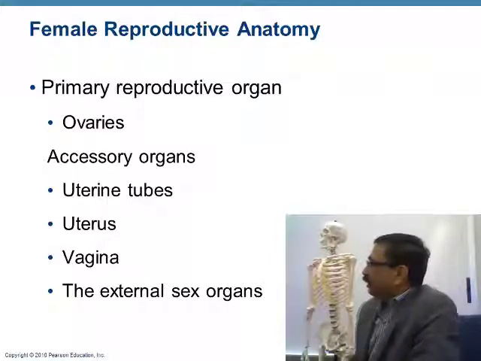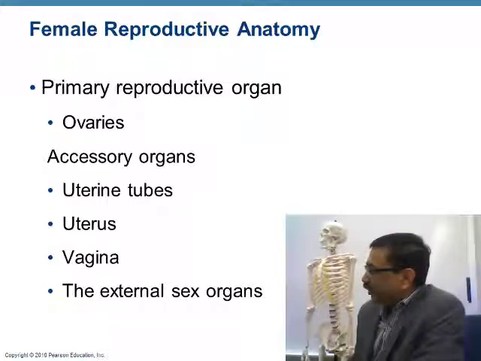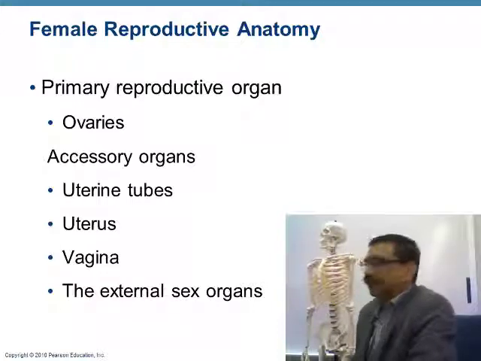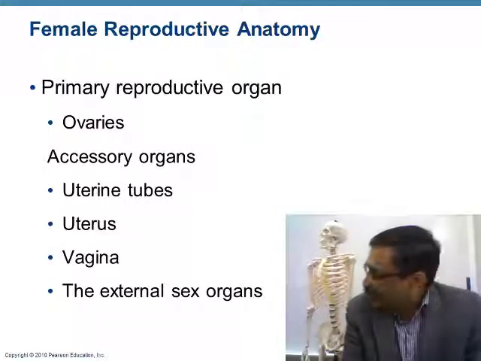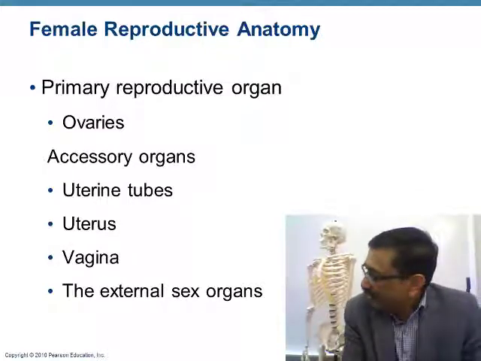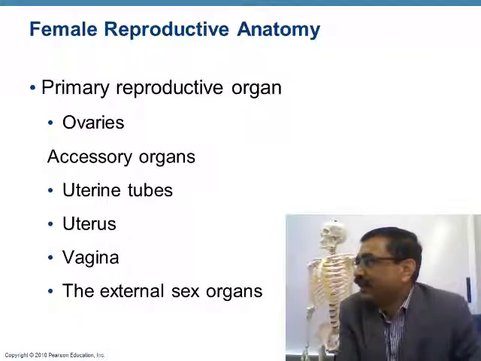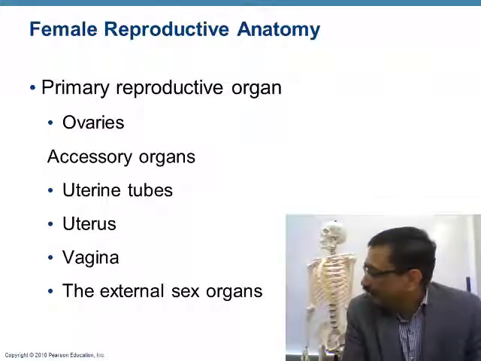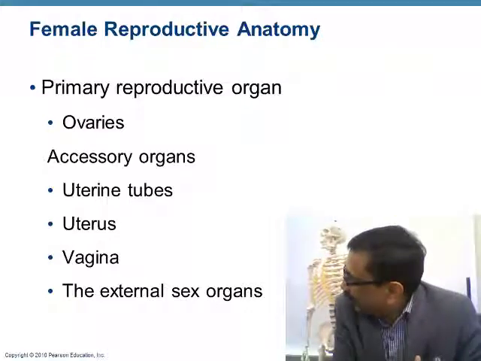Then vagina, which is also known as the birth canal, and the external female sex organs include labia majora, labia minora, mons pubis, clitoris. Those belong to the external sex organs. So those are the parts of the female reproductive system.